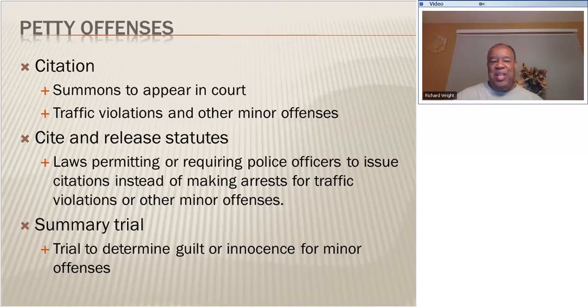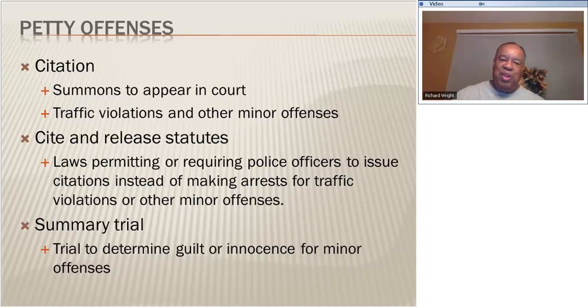Petty offenses. Petty offenses are citations to appear in court like traffic tickets, minor offenses, and usually the law permits or requires police officers to issue the citations instead of arresting you, and you go to traffic court or some other minor offenses. Summary trials take place to determine innocence or guilt for those minor offenses.